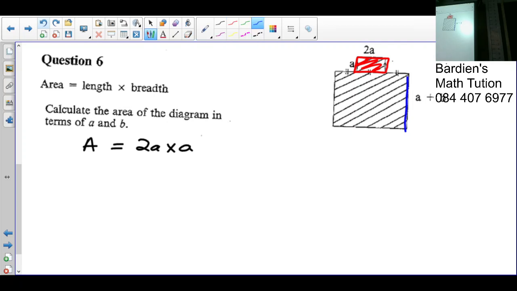This a on top. But I want to know this length here. Okay, what am I going to do? Take this out, no? This means to say that this is equal to that, which is equal to this.